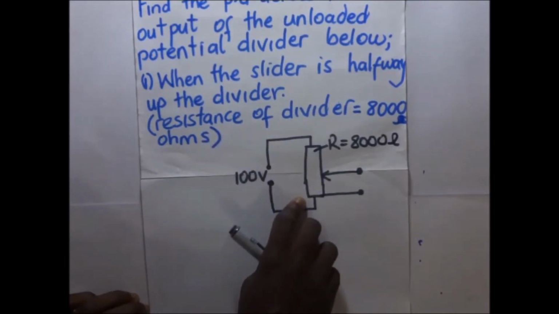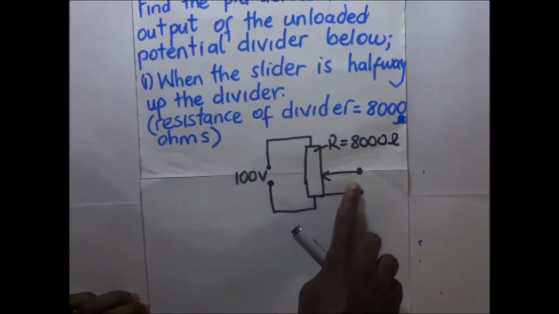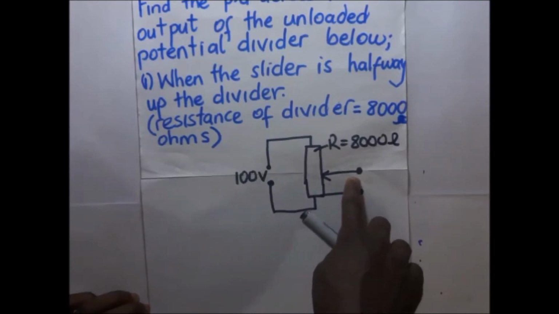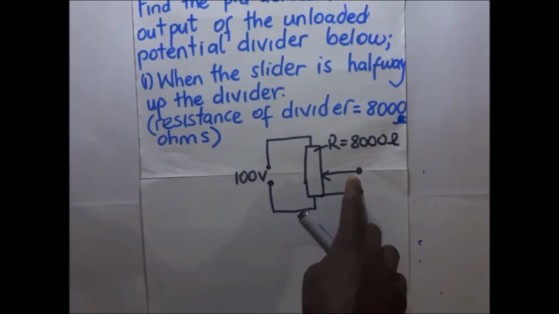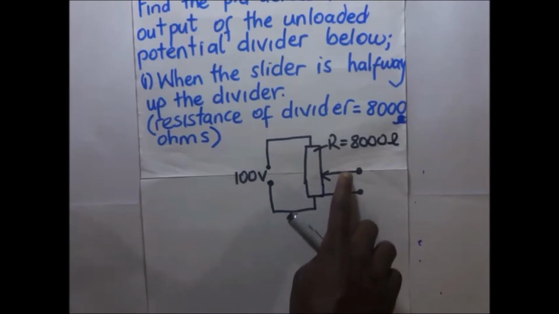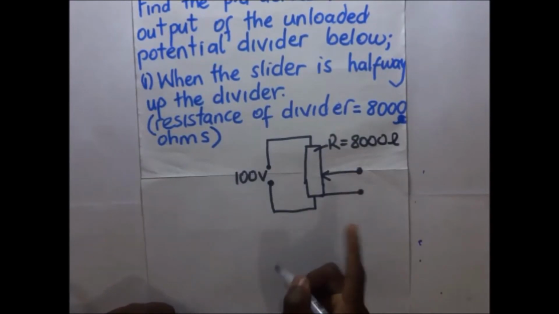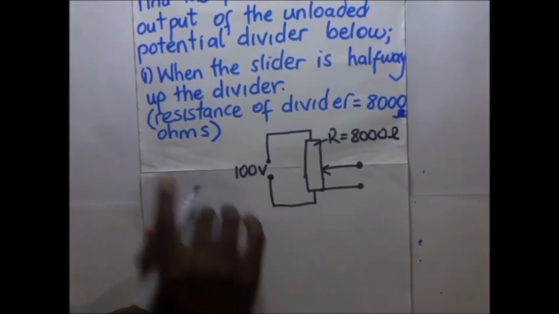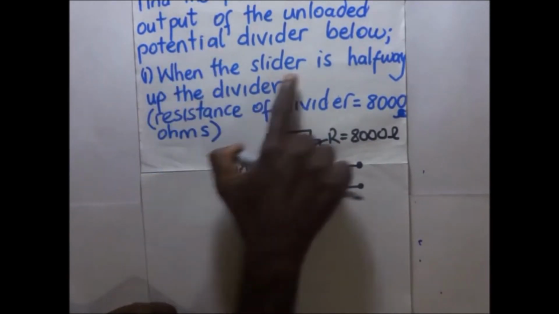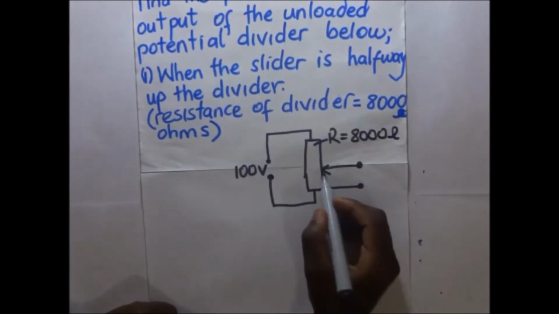In our next example, we shall be dealing with the second case where the potential divider is loaded with a resistor here, and we shall see how we get the output voltage when the output terminal is loaded with the resistor. So for the first case, when it is unloaded like that, they're telling us that the slider is halfway up the divider. This is the slider.